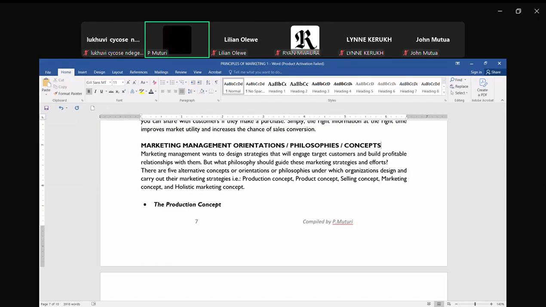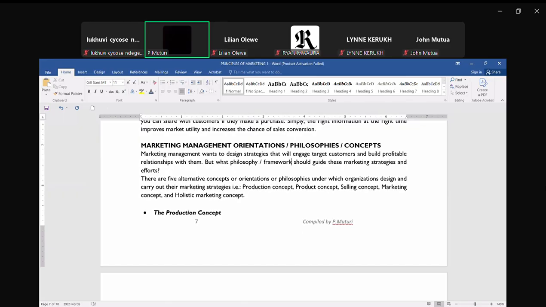So marketing management really desires to design strategies that will engage the target customers and build profitable long-term business relationships. So the question is, what philosophy or what framework, or another way to look at it, what guidelines should guide these marketing strategies and efforts?